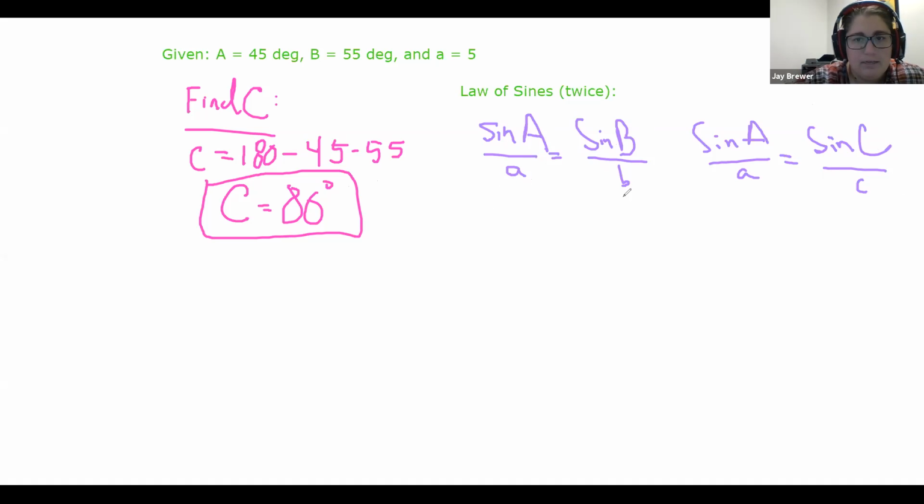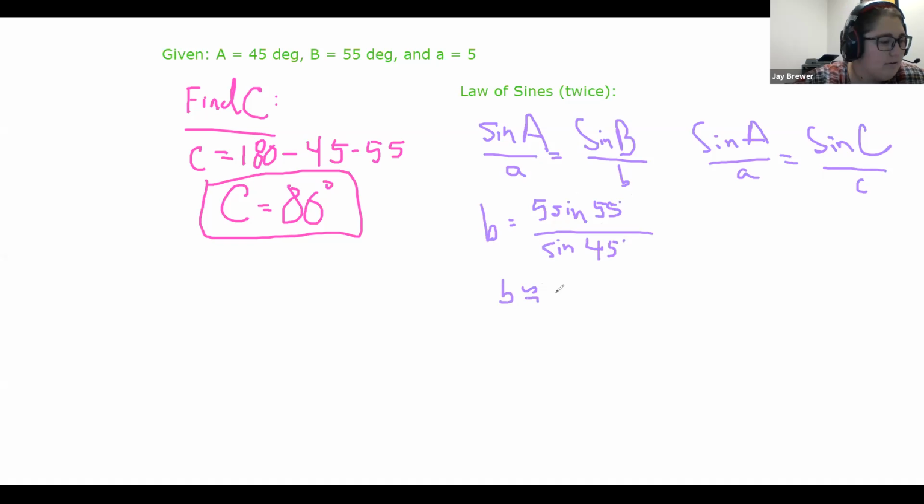All right, so once we plug in all of our information, b is going to be equal to what? 5 sine of 55 degrees divided by the sine of 45 degrees. So b is approximately 5.79.